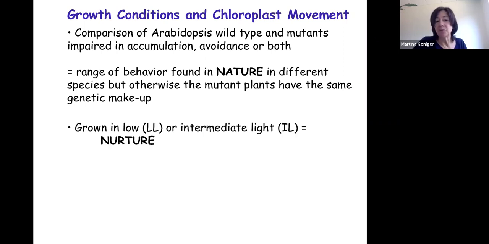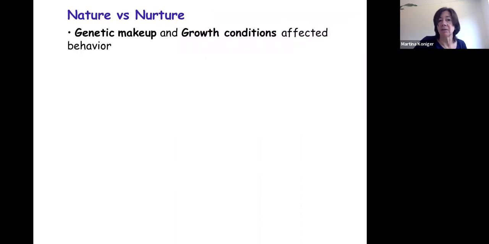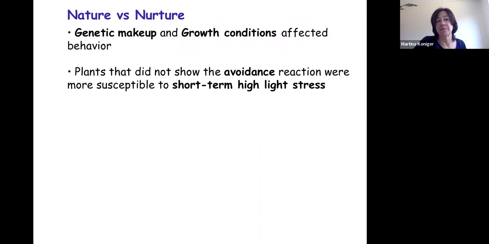And then we grew them under different light conditions. So we're basically saying, let's change how they grow up and what they're used to, and see if nurture, their experience as a plant, makes any difference. And then we looked at chloroplast movement behavior. We did stress and growth and all sorts of different things.